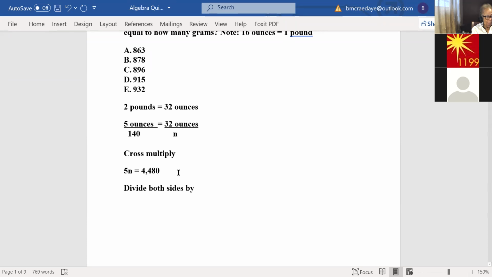What do you divide by? By 5. That's it. Excellent. Divide both sides by 5. So let's just do that. Let's take the 5N equals 4480. You don't really need the comma, so I'll take it out. Okay, so we put the 5 as a divisor on the left side, and we put 5 as the divisor on the right side.